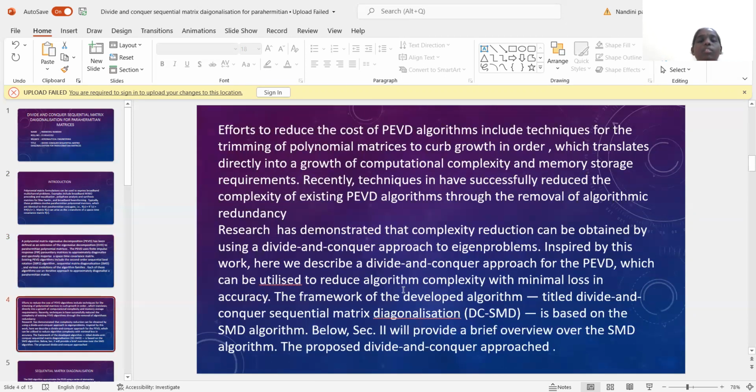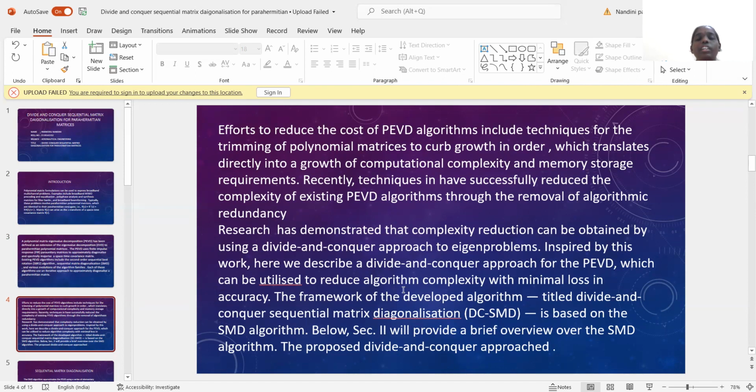Efforts to reduce the cost of PEVD algorithms include techniques for the trimming of polynomial matrices to curb growth in order, which translates directly into a growth of computational complexity and memory storage requirements.